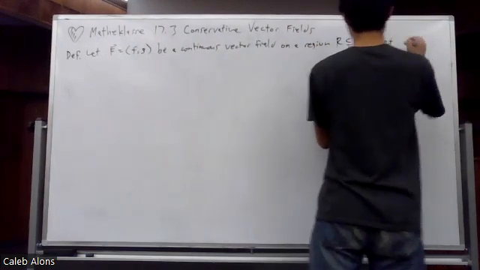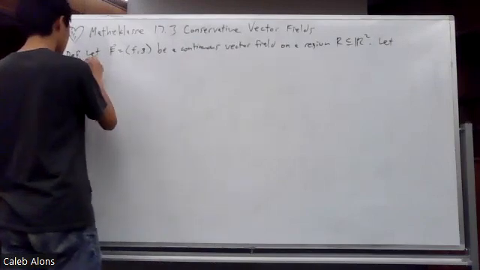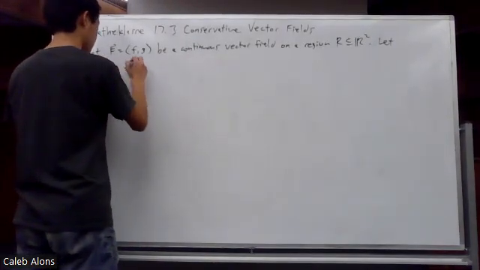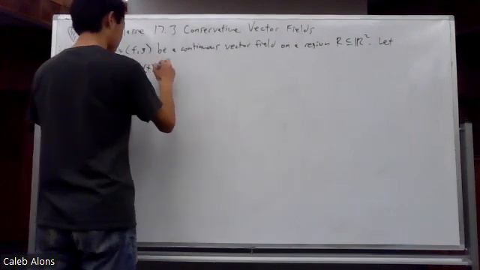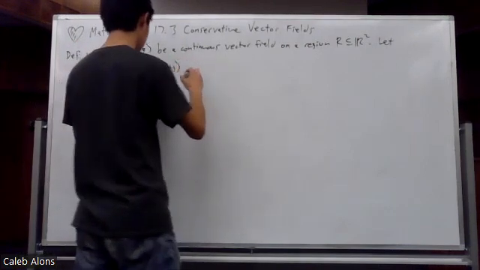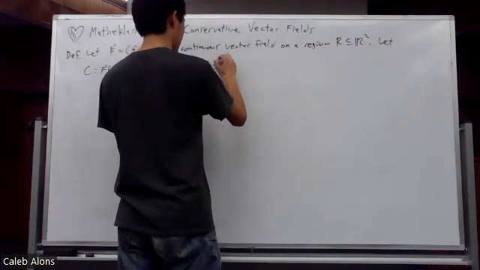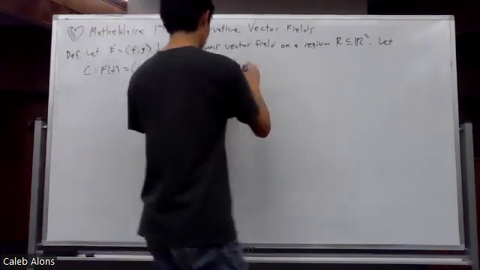And then we're going to let C be a curve parameterized by r(t) equal to some x(t) and y(t). So this will be two dimensions. Start at t = a and end at t = b, so a to b.